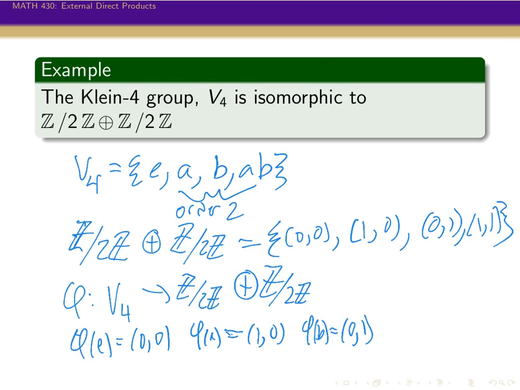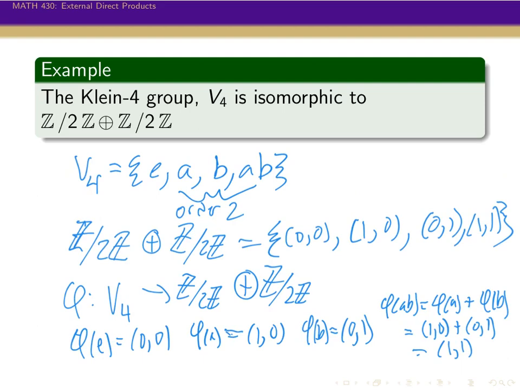And then phi of AB is going to equal phi, well, remember, our operation in Z mod 2Z ⊕ Z mod 2Z is addition component by component. And so this is really going to be phi of A plus phi of B when we change to the other operation. And so that's going to be (1, 0) plus (0, 1), which gives us the element (1, 1), the last element in our group.